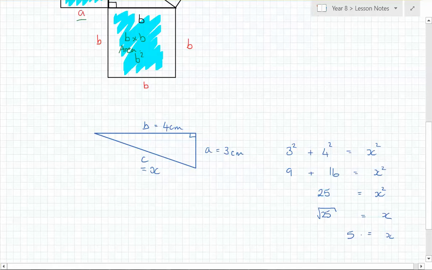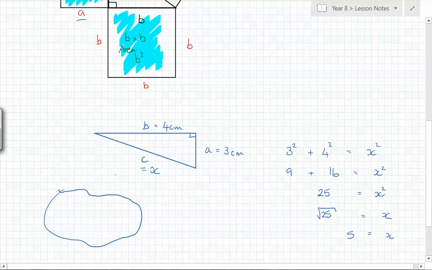The Egyptians used it. The Babylonians, they used it because they had a piece of rope, however long that rope was, and they tied 12 knots in it.